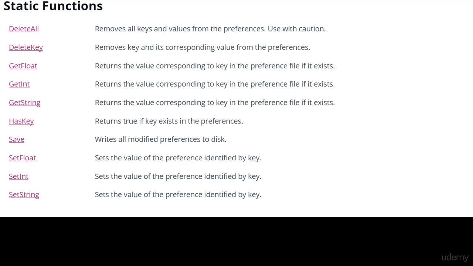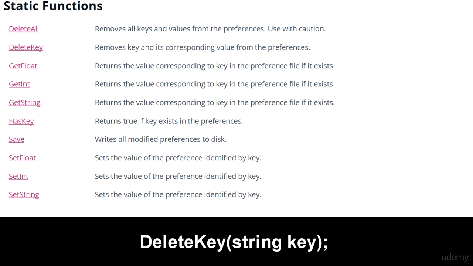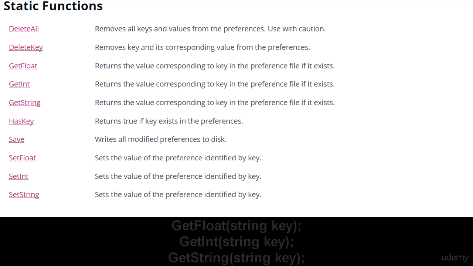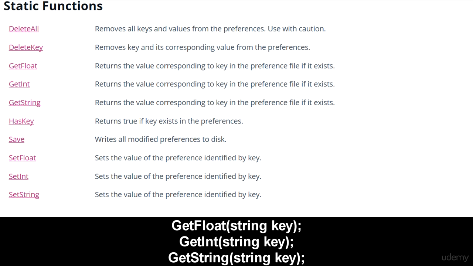The next static function on our list is the delete key function. This function removes one of the saved variables that we specify. And in order to use this function, we need to pass the key as a parameter. Therefore, we need to know the label of that saved value. Next, we have the getFloat, getInt, and getString functions.